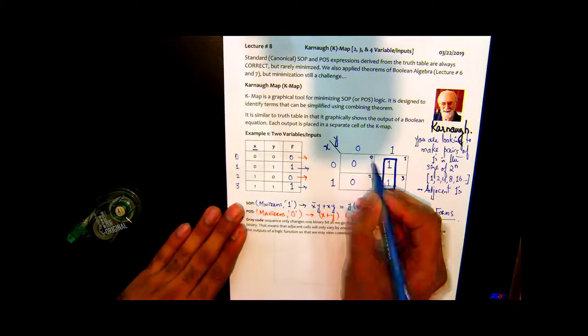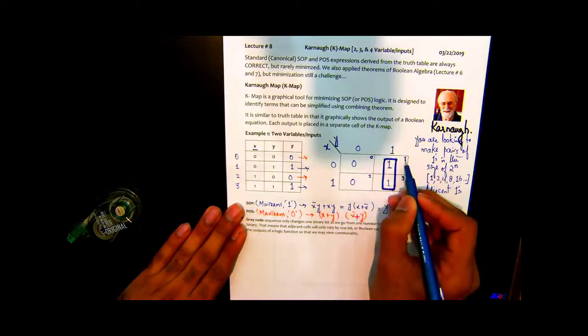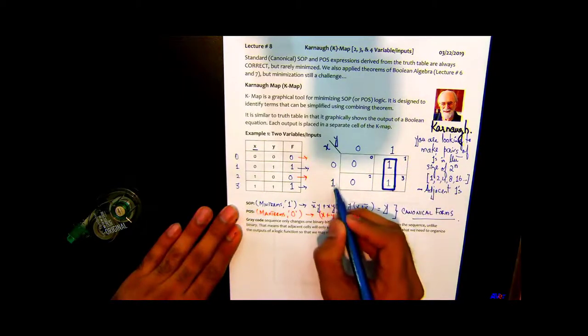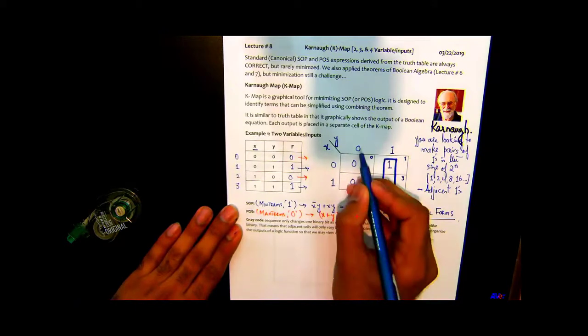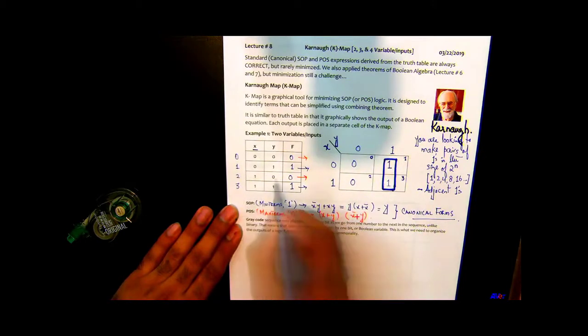Notice if you go from left to right, 0 0 makes a code of 0, 0 1 makes a code of 1, 1 0 makes a code of 2 right here, and then 1 1 makes a code of 3. So this is how the arrangement is going to be for a 2 input variable, and I'll show you how it changes for a 3 input variable.